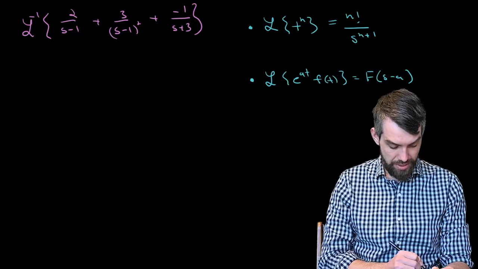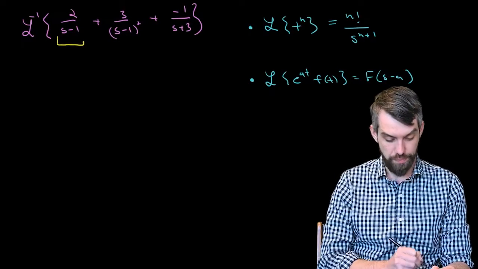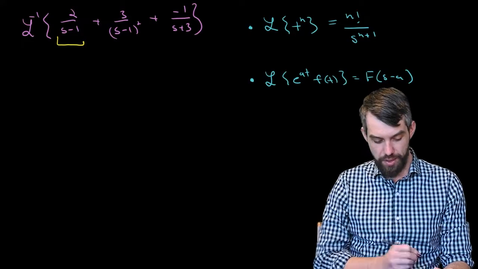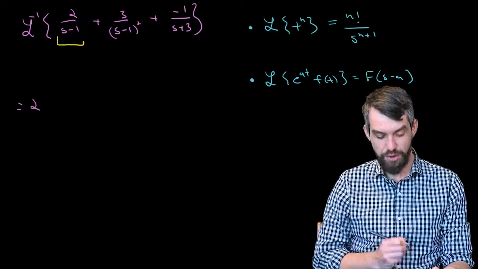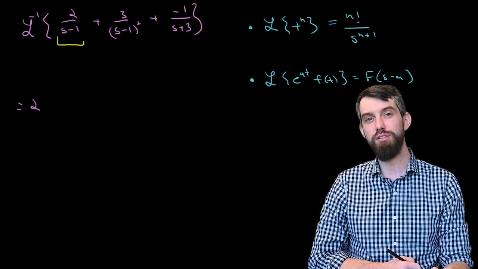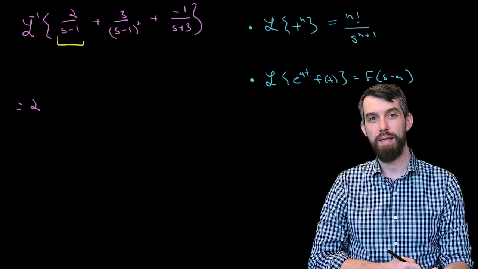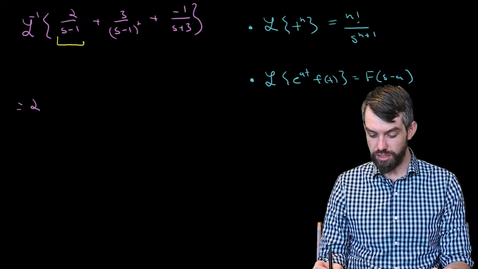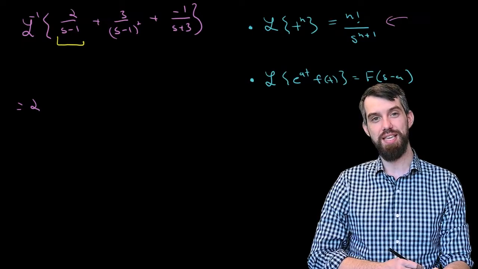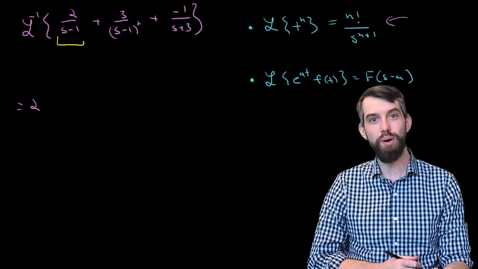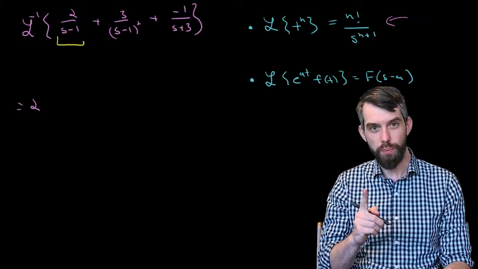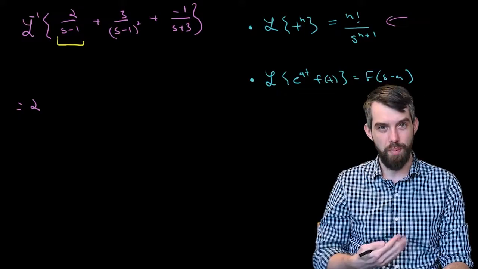So knowing those two facts that we've talked about previously, I should be able to get all three of these. For example, let me look at the first expression. There's a 2 on the top, and because of linearity, I'll just bring it out the front and ignore it. Then there's a 1 over s minus 1. That really looks like this t to the n business in the case where n was just 0. In that case, it would just be a 1 divided out by s.